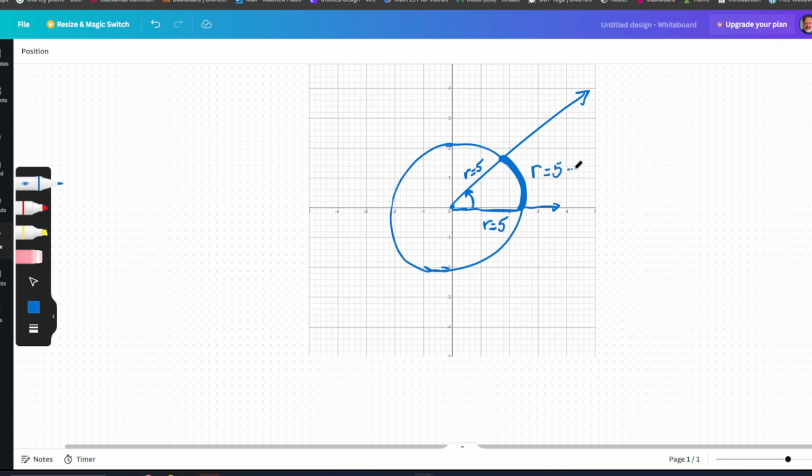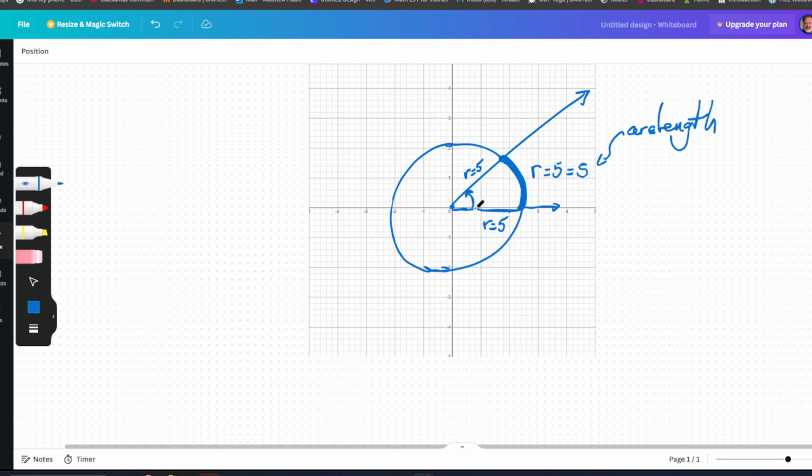By the way, we often use S for arc length, so good time to get used to that. So I'm going to label that real quick. Arc length. Pens are too fat. Arc length.